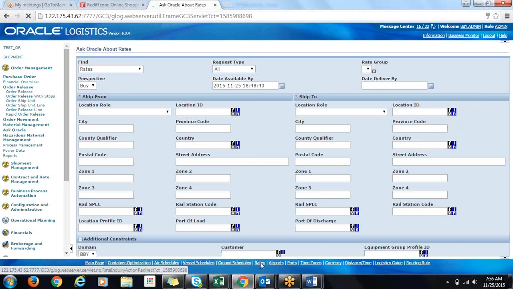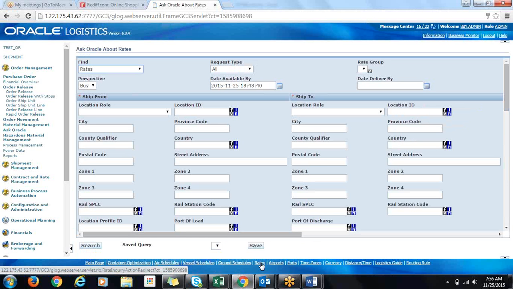Yes, definitely we don't care about the equipment. Again, whether you want to consider it while planning or not in OTM, you can decide. For example, I don't care what type of equipment my service provider brings. I'm only worried about whether he can deliver in my given timelines for my given cargo.